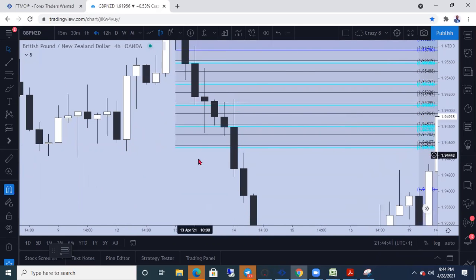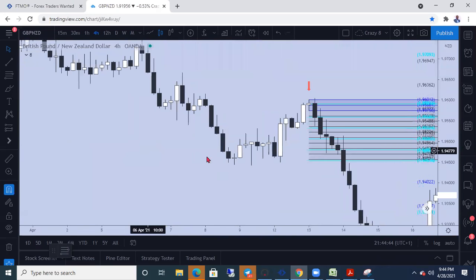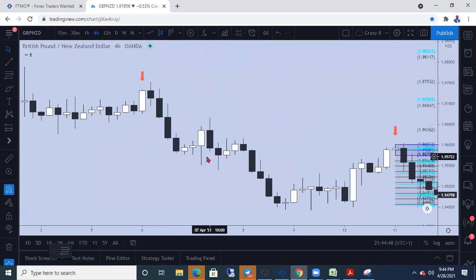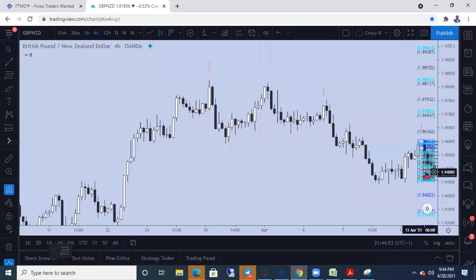Right? So notice the number of times you would have had winning trades vis-a-vis the number of times you would have had losing trades. And when you have winning trades, how deep price goes, or how high price goes in your favor, vis-a-vis when you have losing trades.